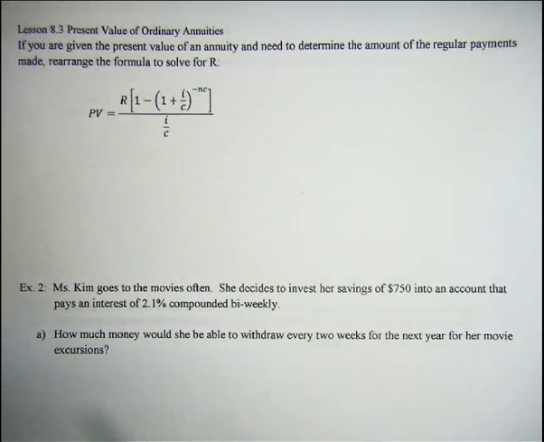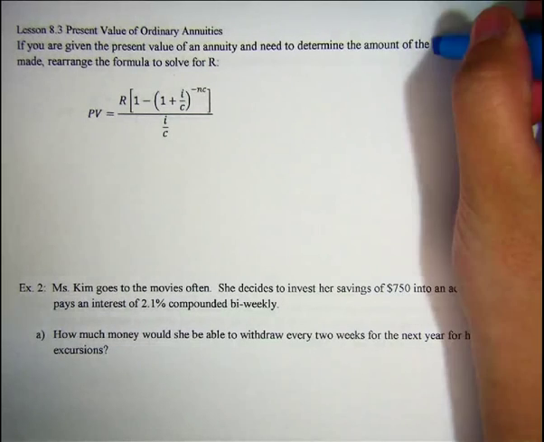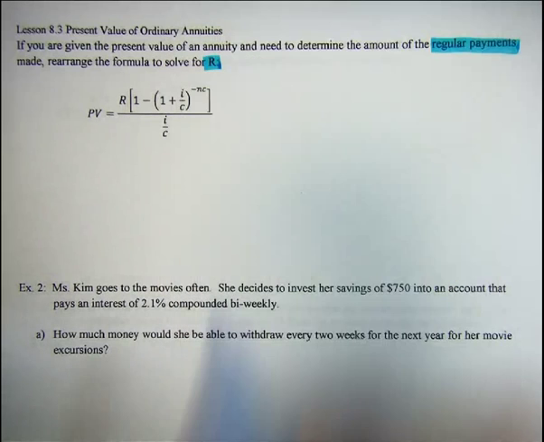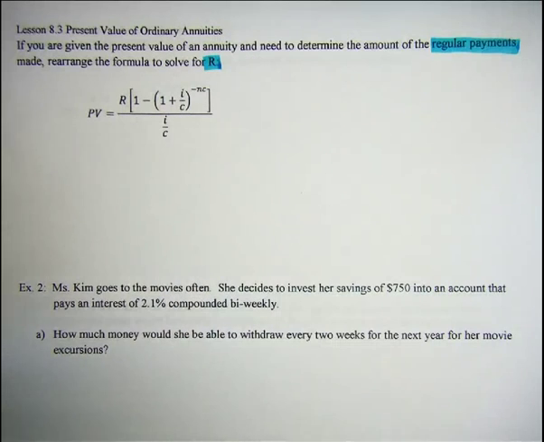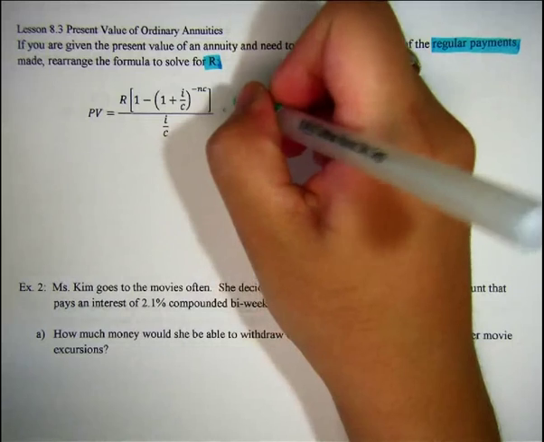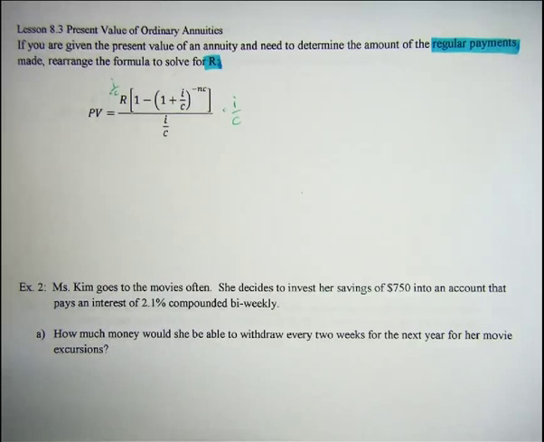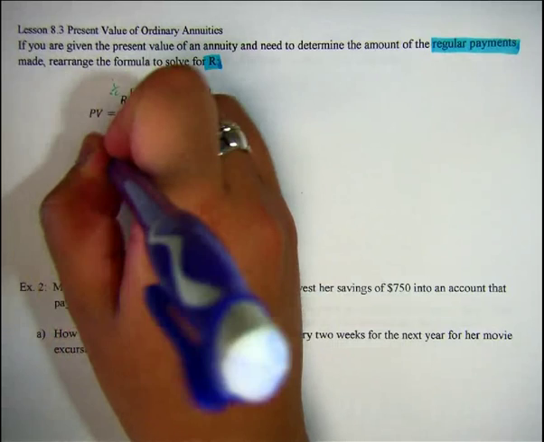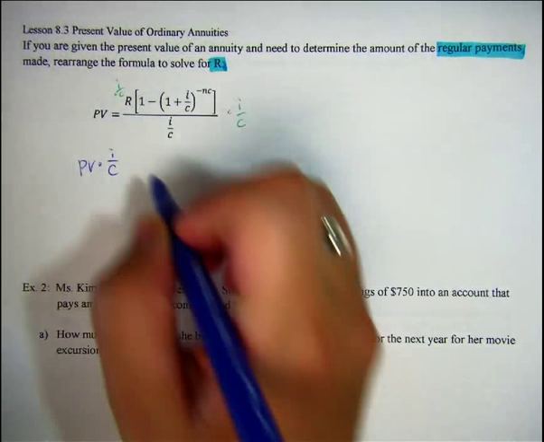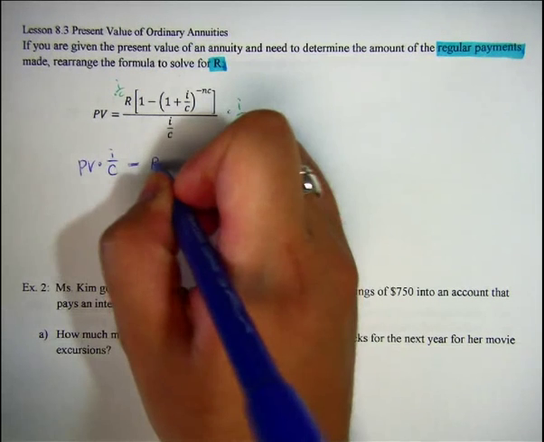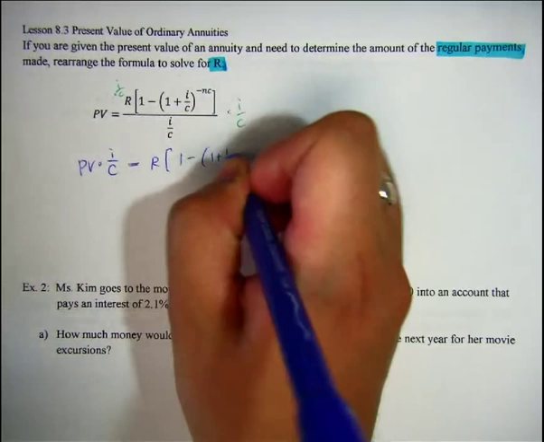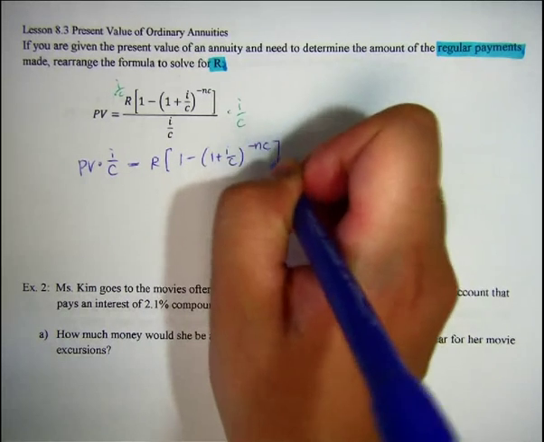All right, if you're given the present value of an annuity and you need to determine the amount for the regular payments R, then just like we did before, we could just rearrange our equation and solve for R. So I'm going to multiply both sides by I over C, and that way I would have PV times I over C equals R times 1 minus 1 plus I over C to the negative NC.